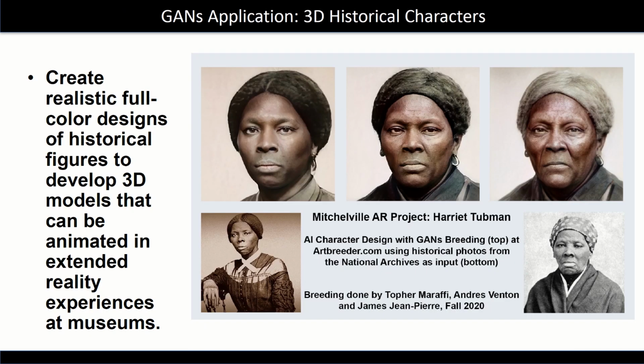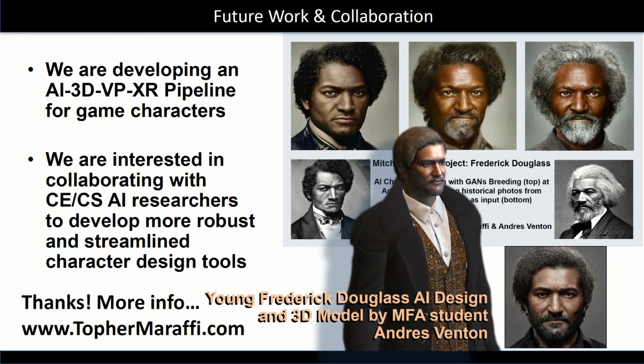We're also using this same tool for the application of 3D historical characters. We have a project where we're creating a realistic full-color version of Harriet Tubman. And this allows us to have designs that we can make into 3D versions.